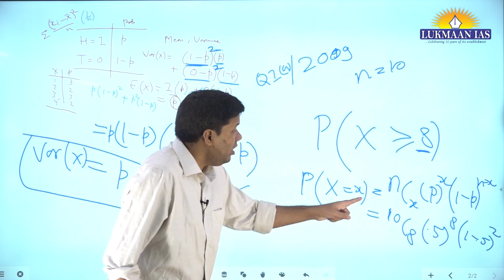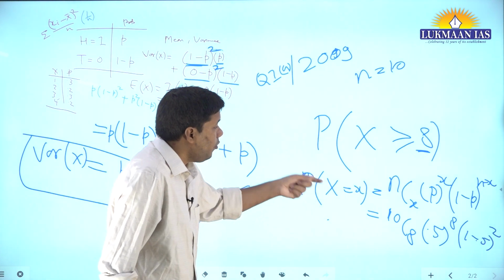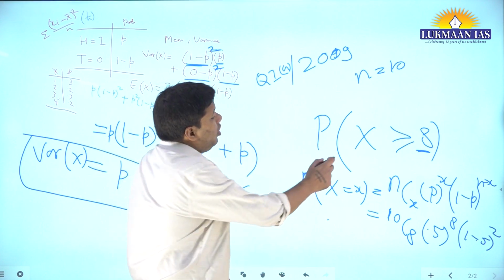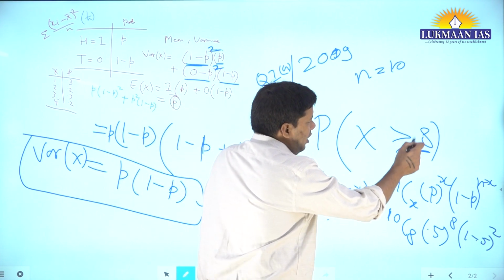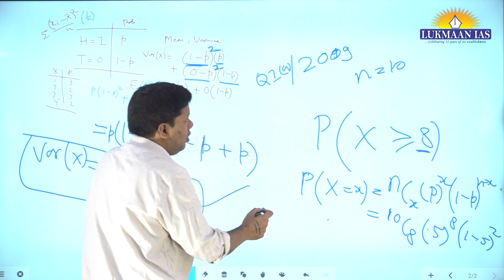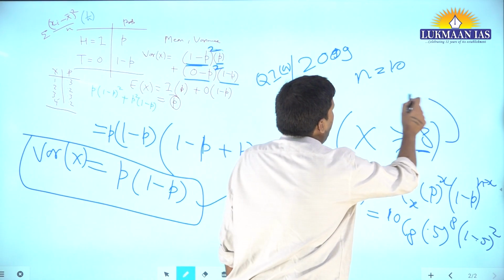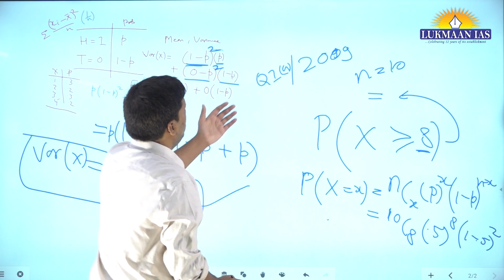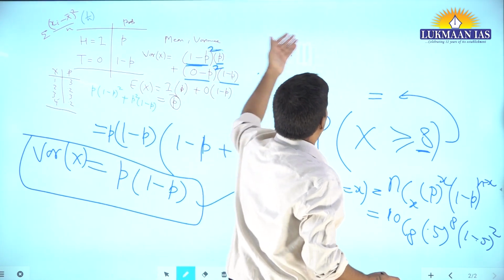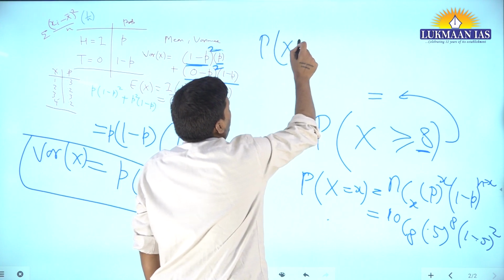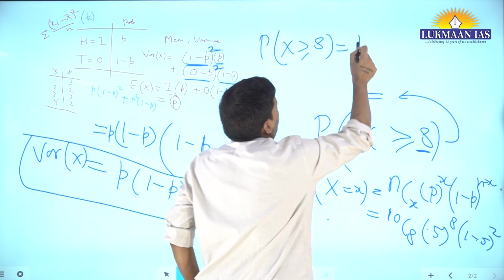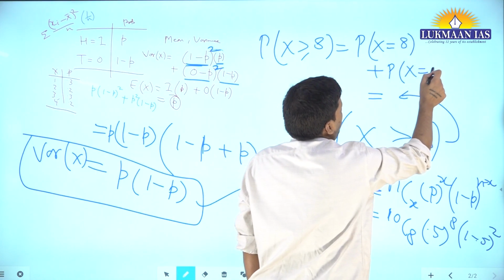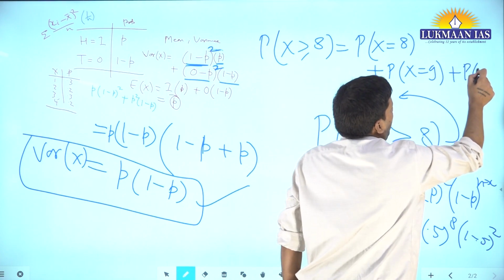When you use the binomial distribution, it gives the probability of exactly x successes out of n trials. But here you are looking for the probability of 8 or more than 8. So the probability of x greater than or equal to 8 is equal to the probability of x equal to 8 plus the probability of x equal to 9 plus the probability of x equal to 10.